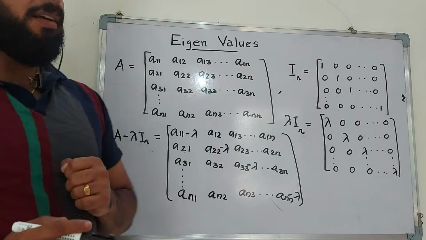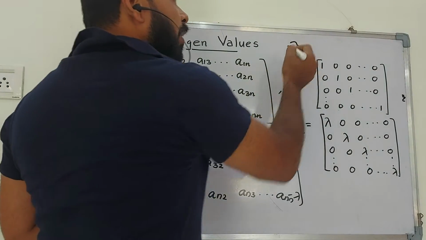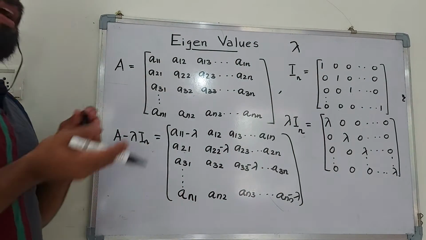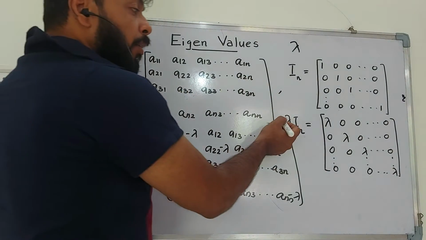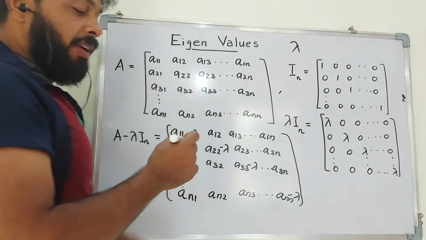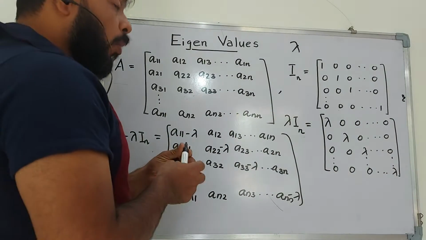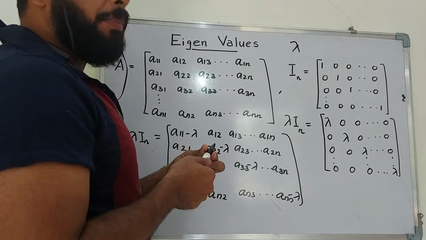Okay. And let lambda be any variable, we call it an indeterminate, and we have to find the value of lambda. Then we multiply the identity matrix by lambda, lambda into In. So every element is multiplied by lambda.